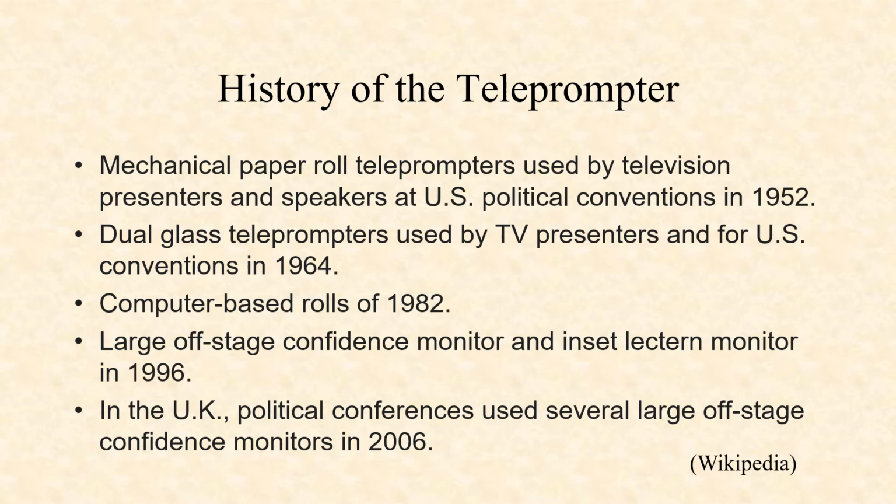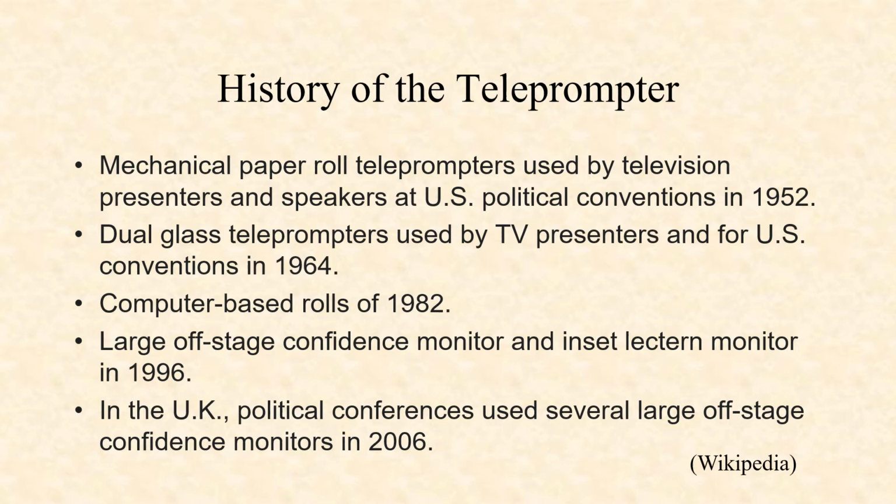These technologies were updated over time, and in 1964 we had a dual glass teleprompter, again used for TV and also for political conventions. As computers started to come into their own, then we had computer-based rolls that would, again, prompt people, would have their script of what they were going to say.